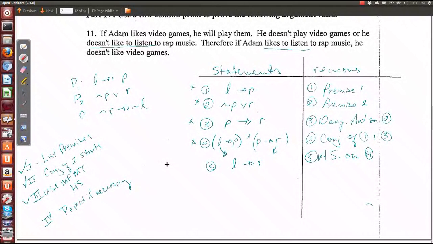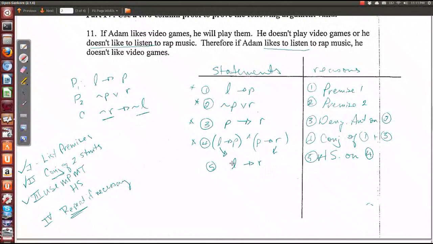I'm trying to prove something about R and L using a conditional, but I have L conditional R. And I would repeat if necessary, but I don't have any other statements that I could do a conjunction with. So I need to find some way to transform this so it looks like this.